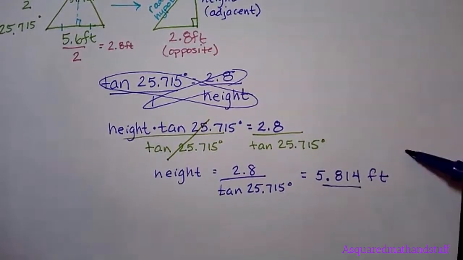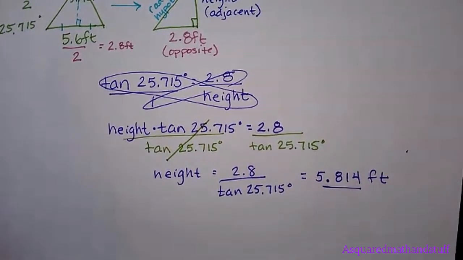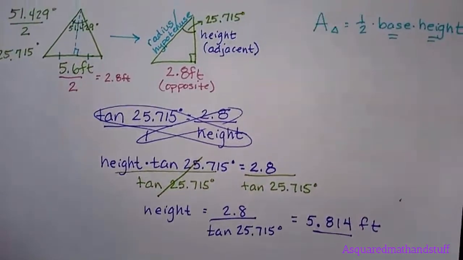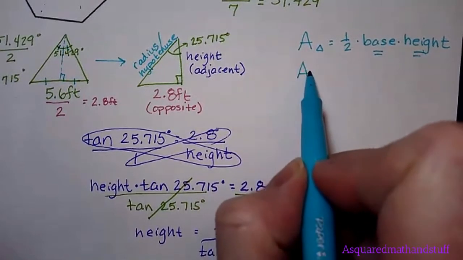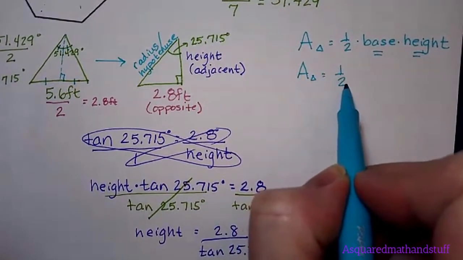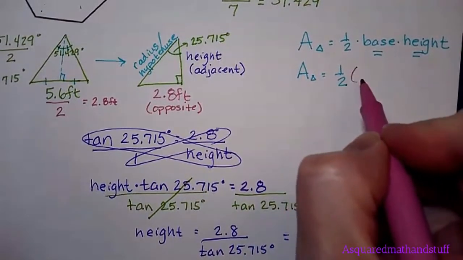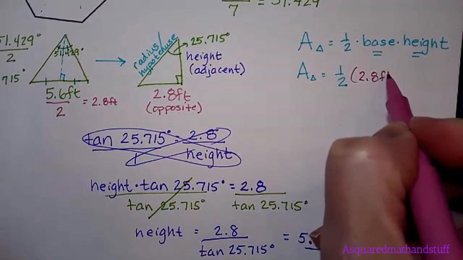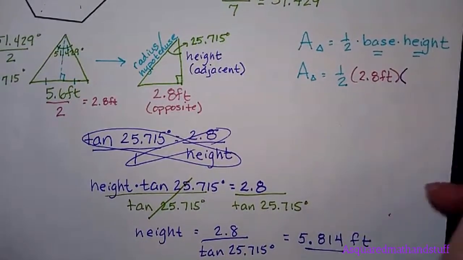Now we want to take this height, plug it back into the formula for our area. So again, the area is 1/2 base times height. I'm going to move this back up here. So we have the area of our triangle is 1/2. The base is 2.8 feet. The height was our 5.814 feet.